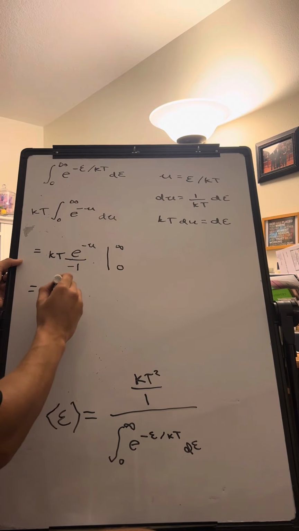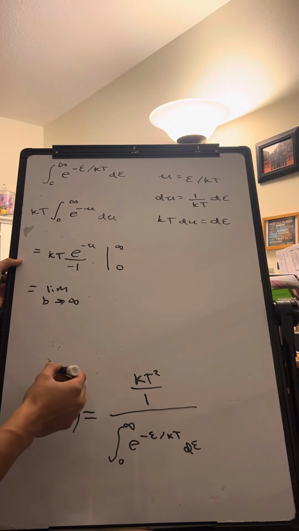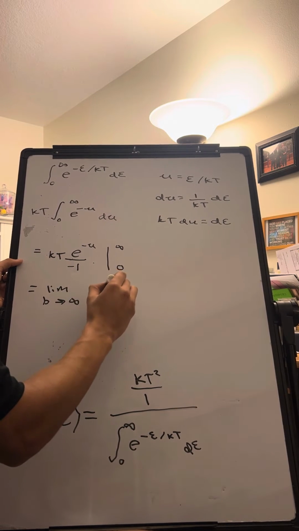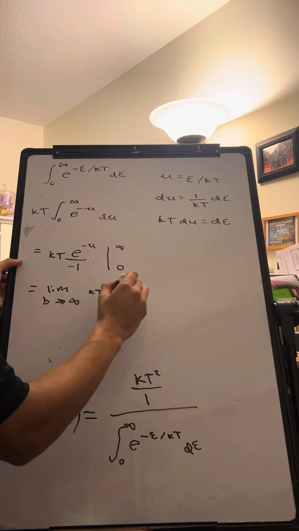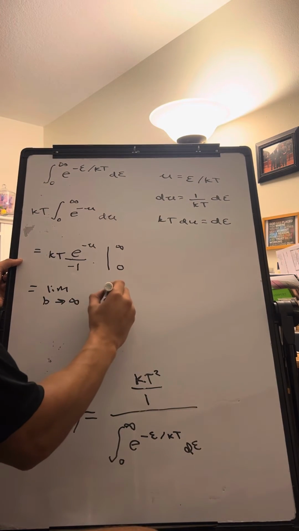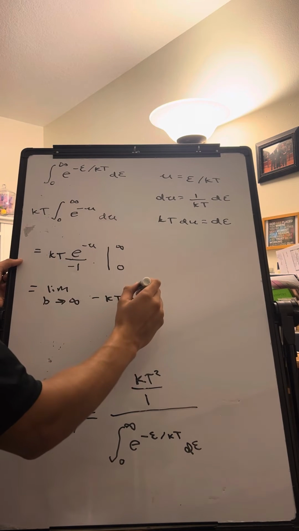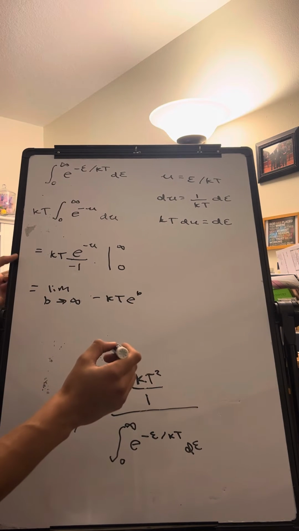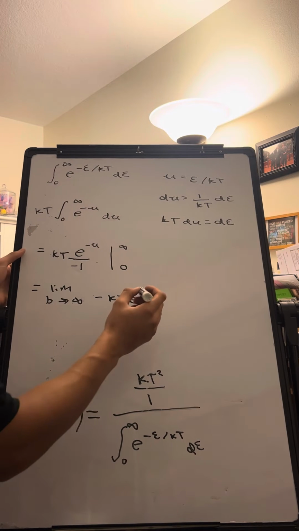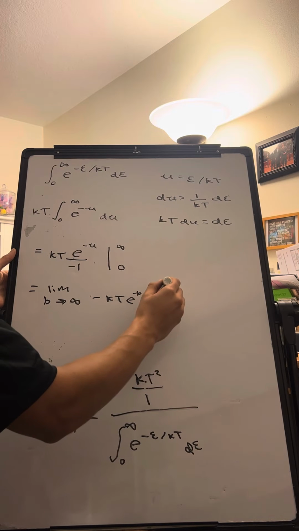So now we want to do the limit as b approaches infinity of negative kT e to the u, and then you put in b for the variable, evaluated from 0 to infinity.